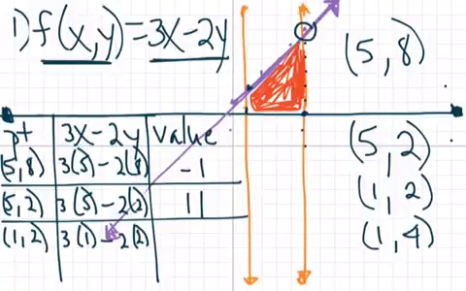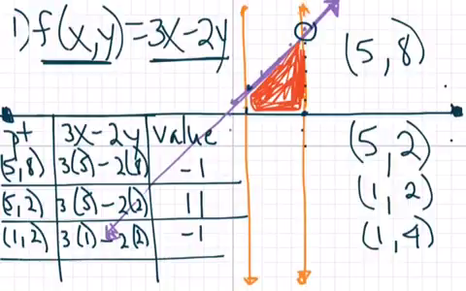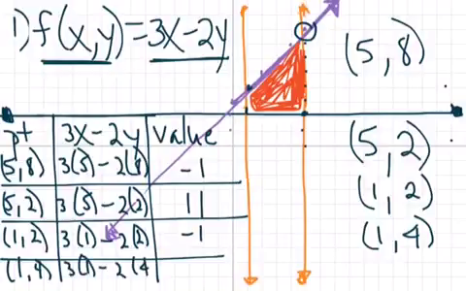That's 3 minus 4 is a negative 1. And the last point is 1 comma 4. So we'll put 1 in for x and 4 in for y. So we have 3 minus 8 is a negative 5.